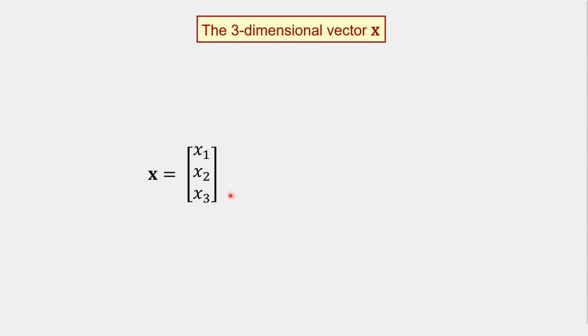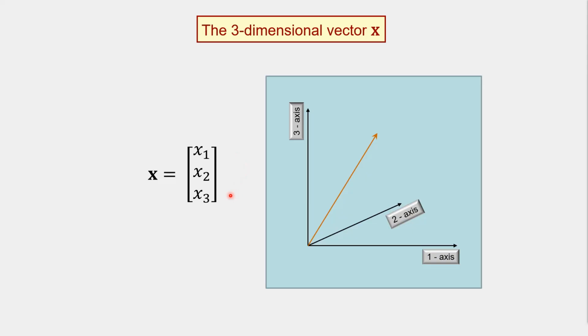And probably most of you will remember from school that often a vector was depicted as an arrow. And in small dimensional spaces, 2 or 3 dimensions, a vector can indeed be depicted in this way, with the elements of that vector, x1, x2 and x3, being the coordinates, the projections of that vector onto each one of the coordinate axes.